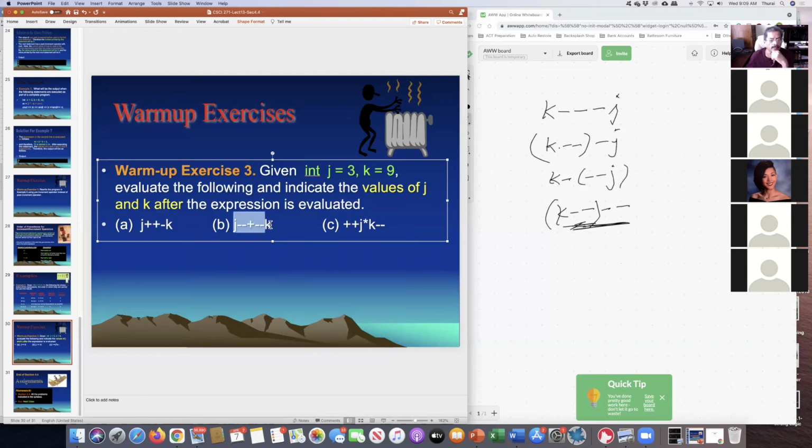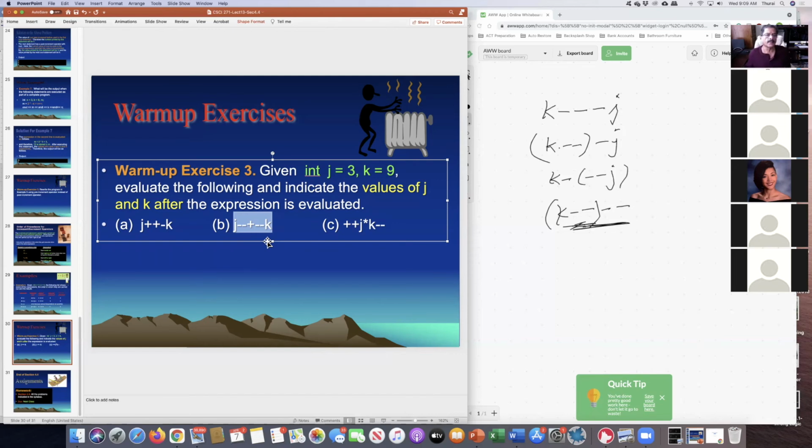Now we're doing this. This is accepted by the compiler because it does have a unique meaning. 11. Yes, 3 plus 8, I also got 11.